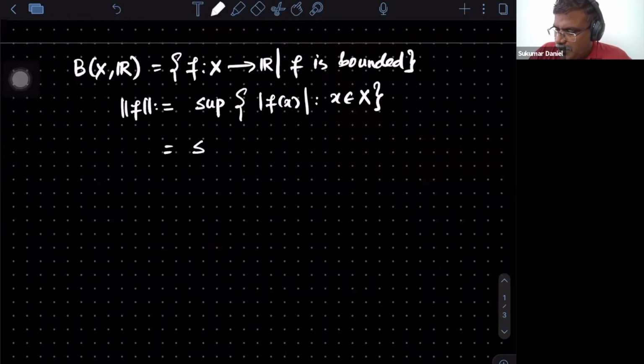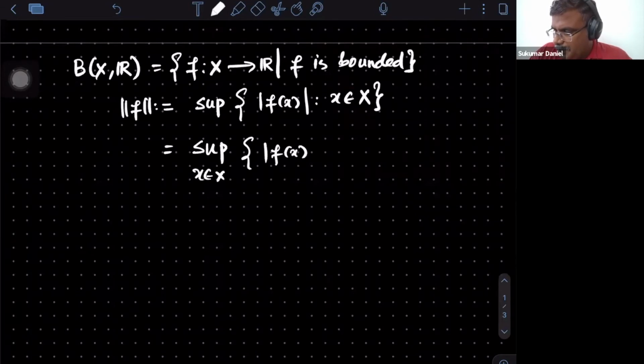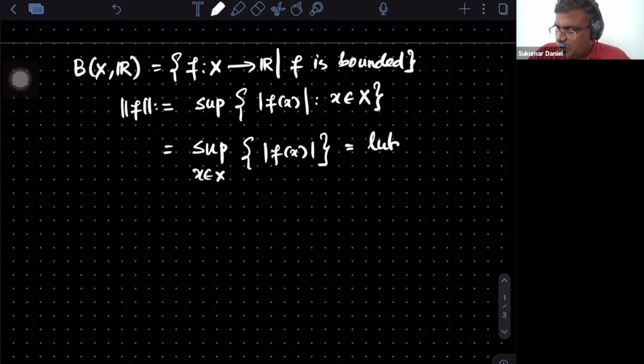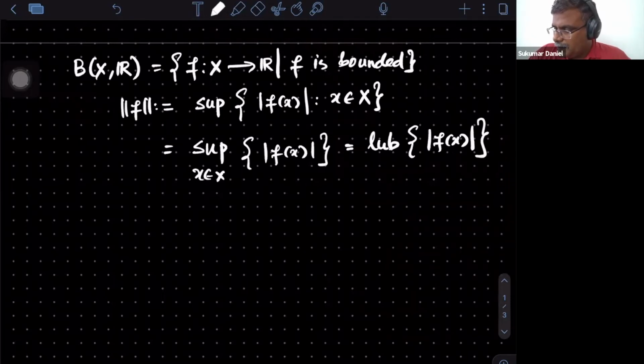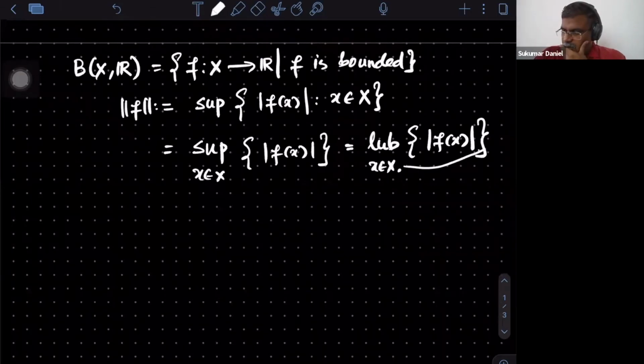So notation wise, we will write both of these; both are the same. We may also write LUB sometimes, or sometimes this may go inside this set. All these are equivalent.